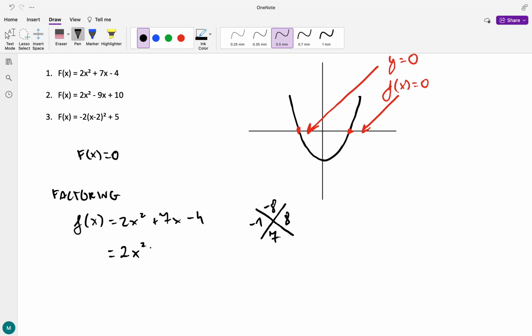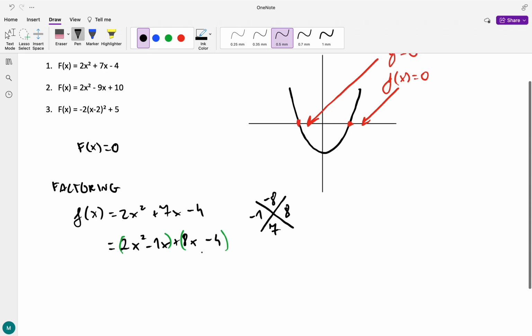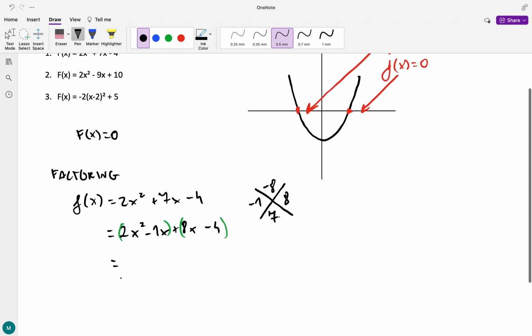Okay, so let's rewrite our function using these two factors. So we get 2x squared minus 1x plus 8x minus 4. And now we can group and factor some things out. From the first pair, we can only factor out x, and we are left with 2x minus 1.